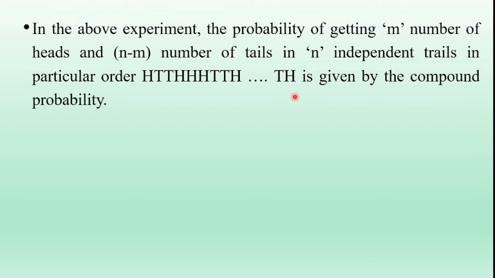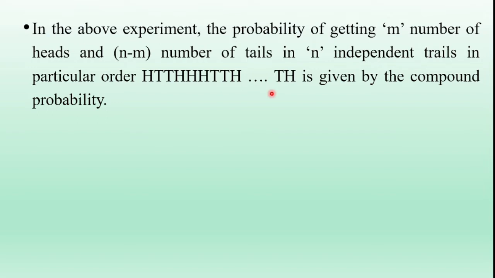So once again, in the above experiment with only two possible outcomes, if it is repeated small n times independently, they are called Bernoulli trials. The probability of getting small m number of heads and n minus m number of tails in small n independent trials in a particular order is given by the compound probability.